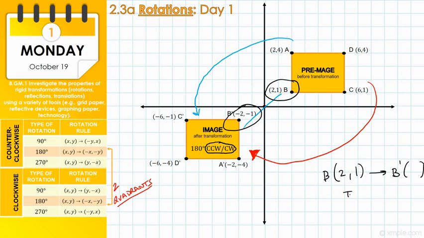I'm in quadrant 1. I'm going from quadrant 1 to quadrant 3. Quadrant 1 values are positive. Quadrant 3 values are negative. So -2, -1.